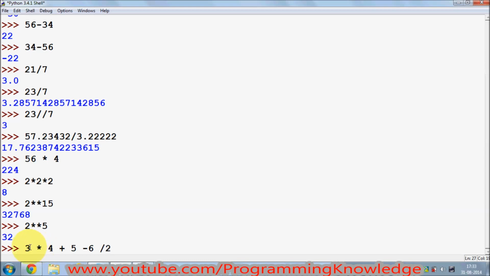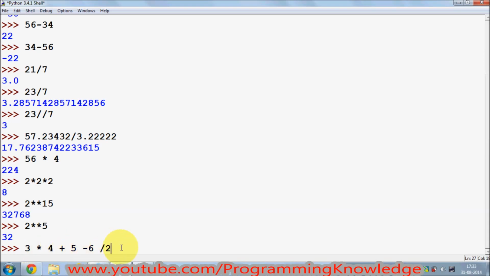So what will be the order? Will 3 into 4 happen first, or 4 plus 5 will happen first, or 5 minus 6 will happen first, or what will be the priority?